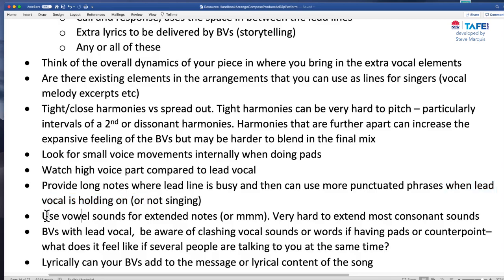Now, it's a bit of a statement of the obvious for anybody who sings, but you can't physically hold on to any consonant sound for any type of duration. About the only ones that you can hold on to are M and S, but S is not a great backing vocalist sound unless you're singing about snakes. So you'll be working with vowel sounds for your extended notes.